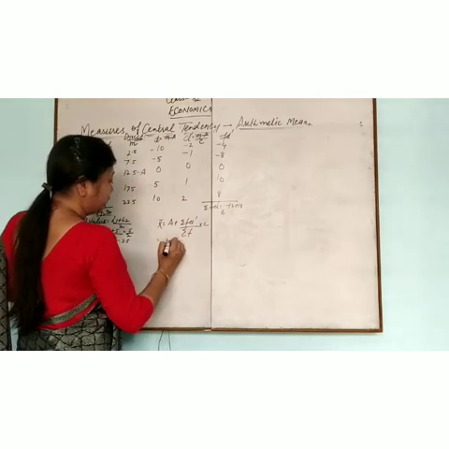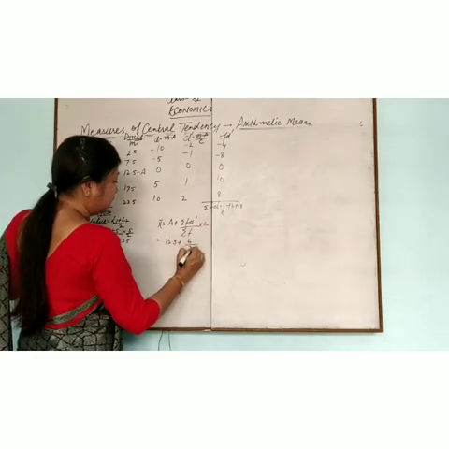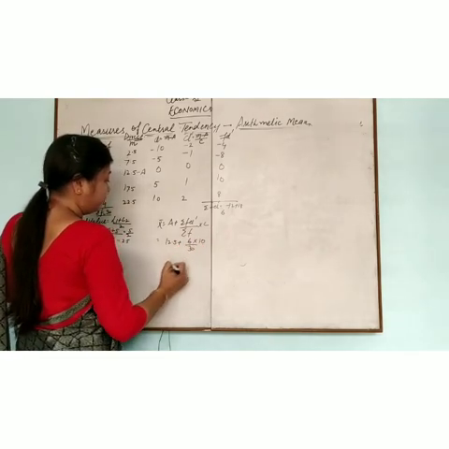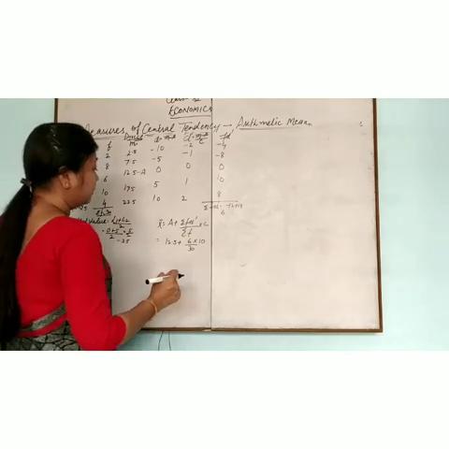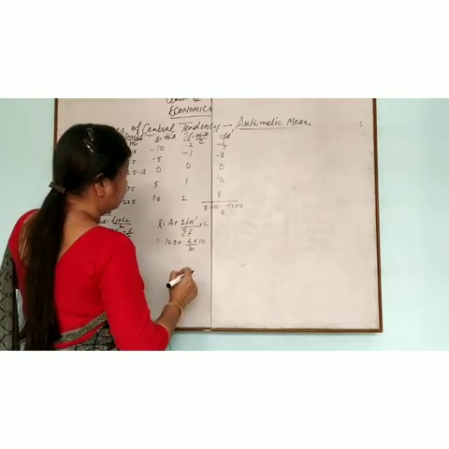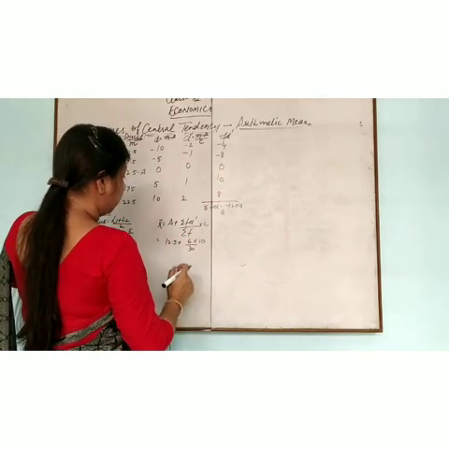Here a is 12.5, fd dash is 6 upon 30, multiplied by the common difference.